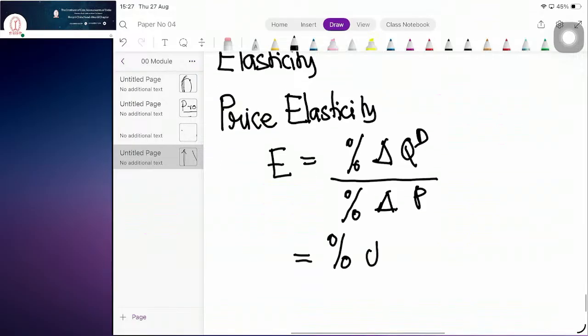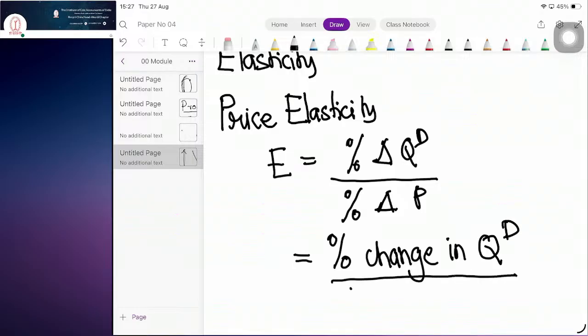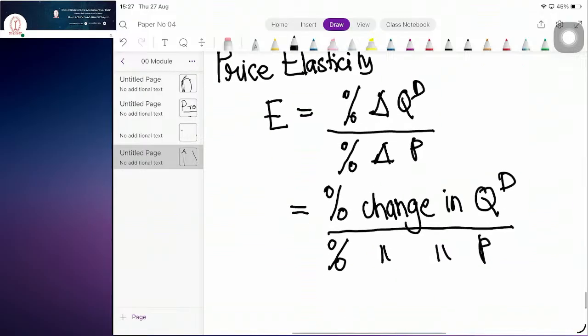Percentage change in quantity demanded is in the numerator, and percentage change in price is in the denominator. Did you all get this?